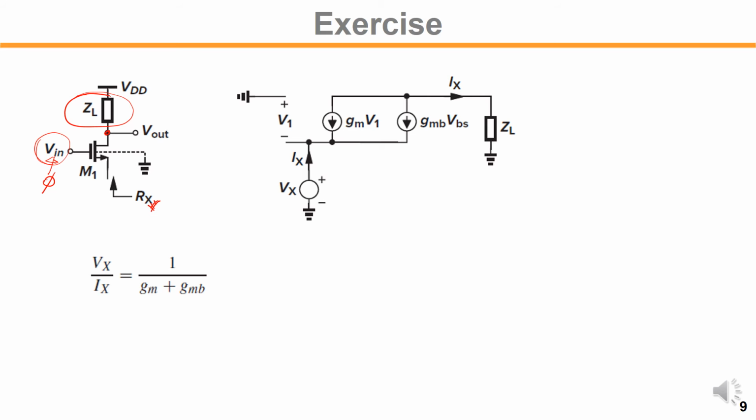That is connected to the DC voltage, meaning no change, and that means AC ground. Now we apply the test voltage and test current. We want to see the relationship between IT and VT.